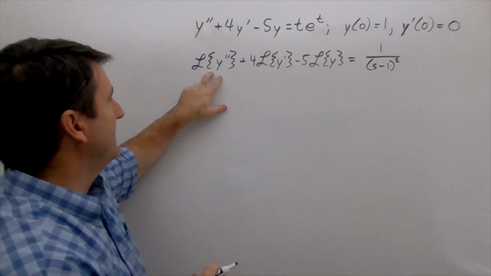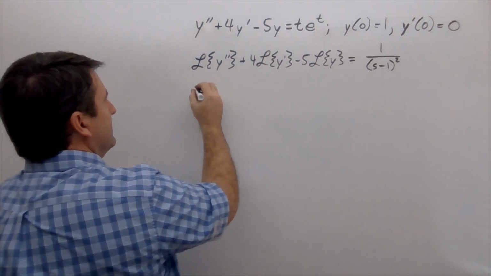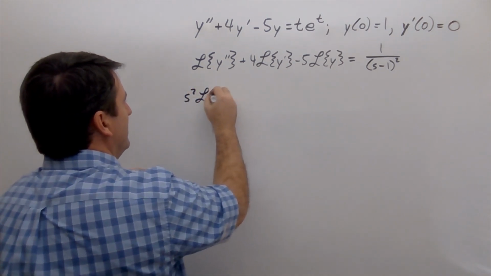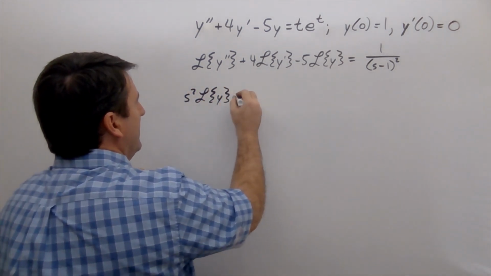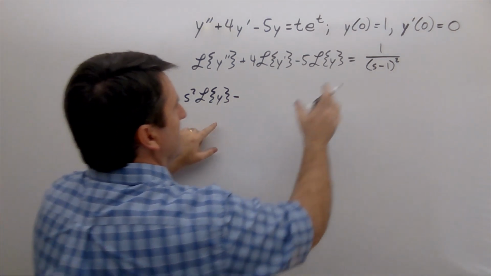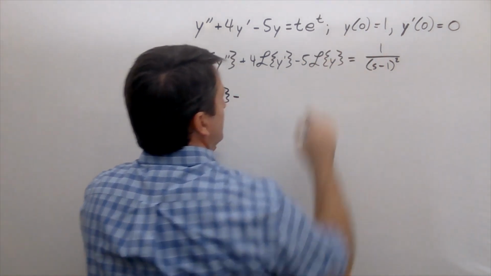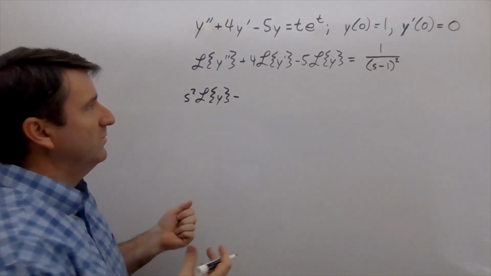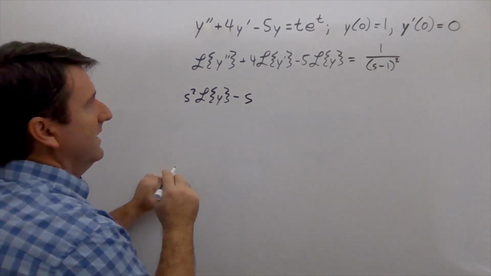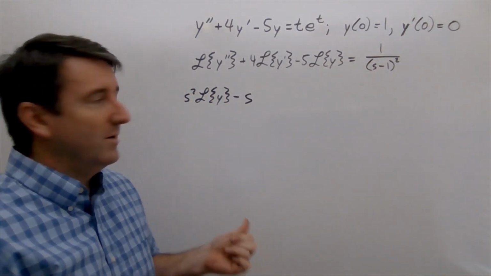All right, now let's replace these derivatives with their equivalent. So this is going to be s squared times the Laplace transform of y, minus s times y of 0, which is 1. So this is just going to be minus s, minus y prime of 0, which is 0.